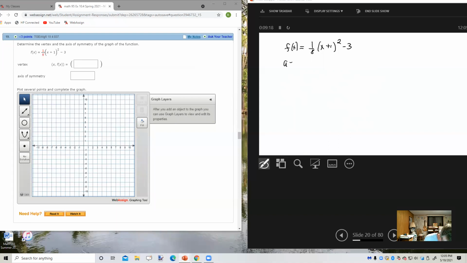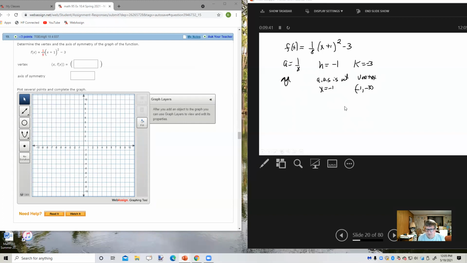Okay, a is 1/8, which means this parabola opens upwards. H is -1 and k is -3. So the axis of symmetry is at x equals -1, and the vertex is at -1, -3.